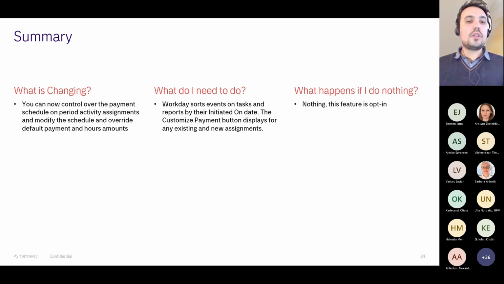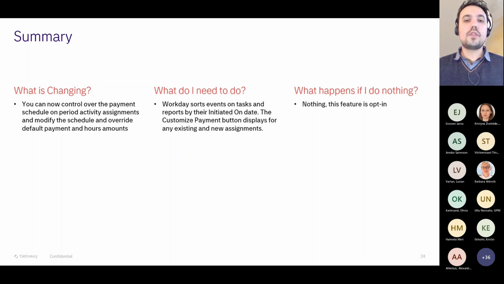So what's changing? You can now control the payment schedule on period activity assignments, and with this feature, modify schedules or even resign pay assignments which have already been processed in payroll. That's the main feature of modified period activity pay assignments.